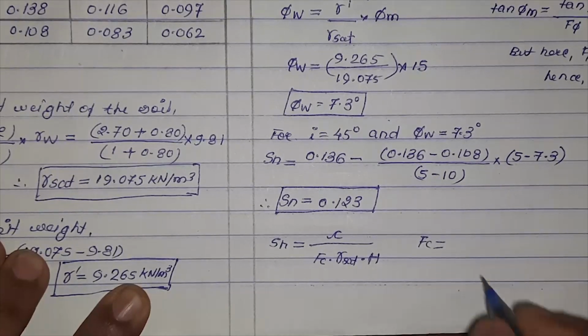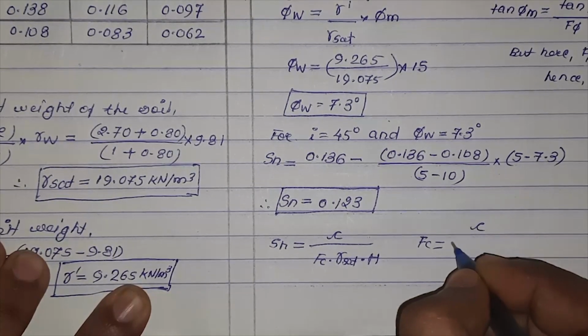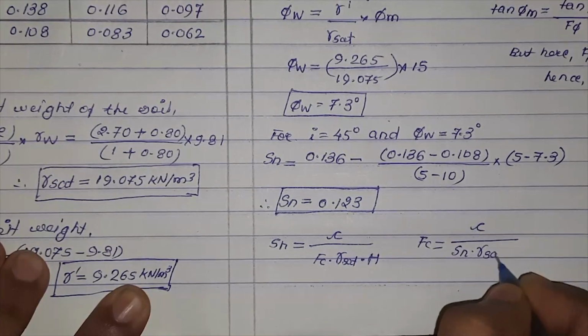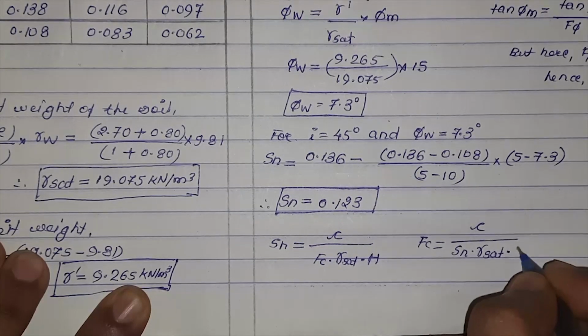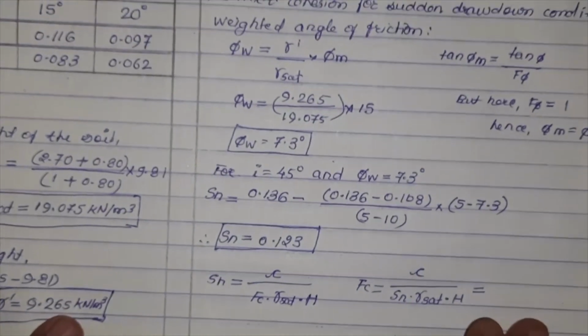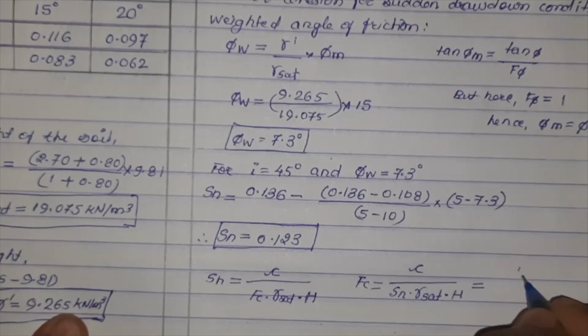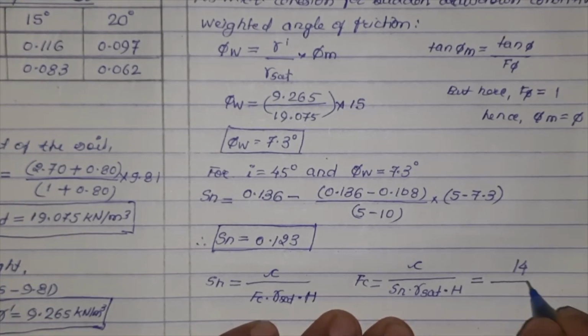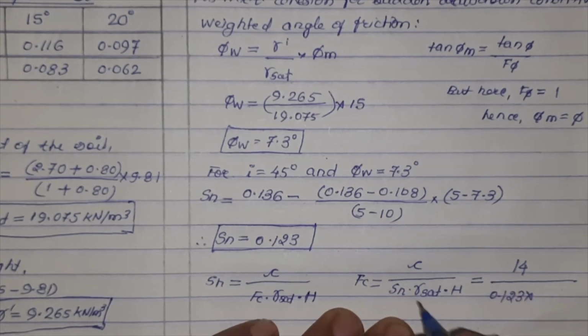Fc equals C upon Sn multiplied by gamma saturated multiplied by H. This is equal to, value of C is 14, divided by Sn, that is 0.123, gamma saturated is 19.075 and height of the slope is 5 meter.